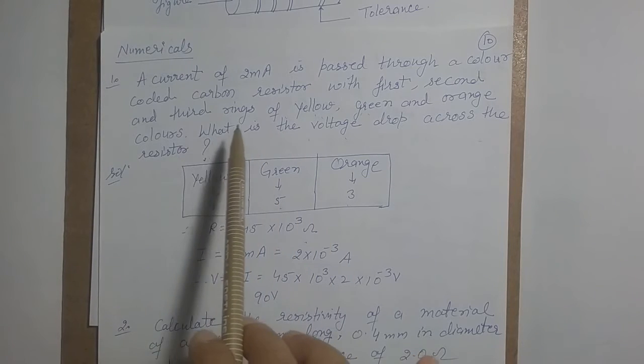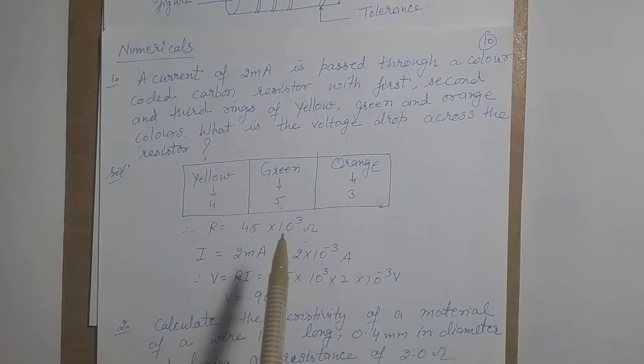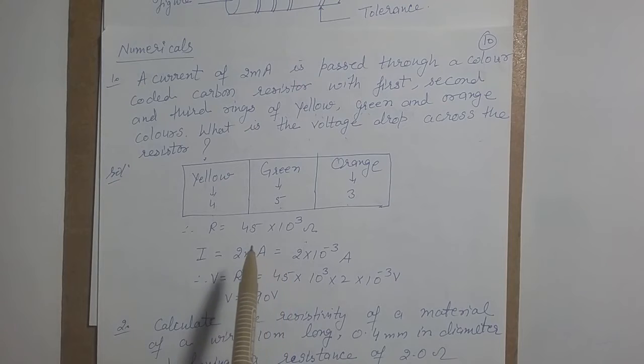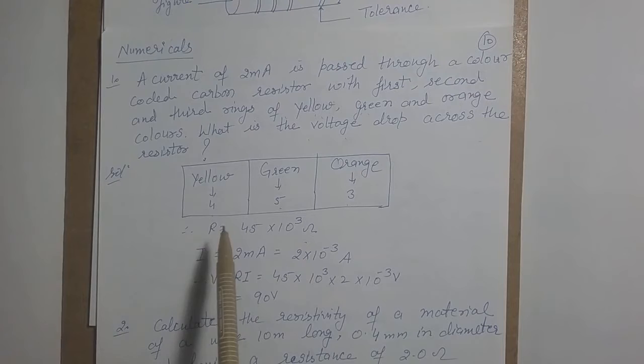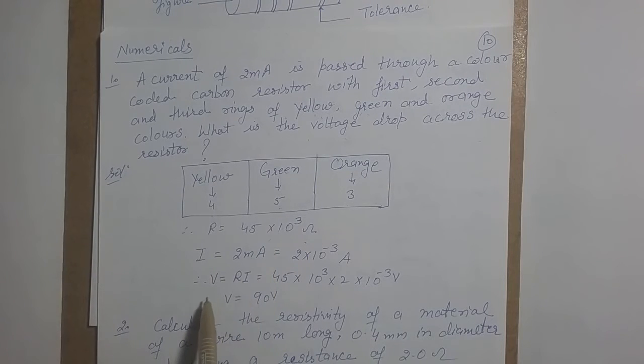Now there is no fourth ring given here. So what will be the tolerance? The tolerance will be plus minus 20%. Now we have the value of the resistor and need to find the potential. The current is given in milliampere, so convert it to ampere: 2 milliampere is equal to 2 into 10 raised to power minus 3 ampere.